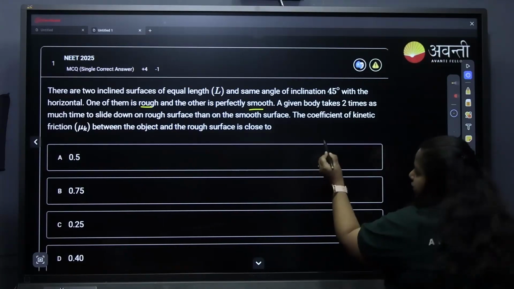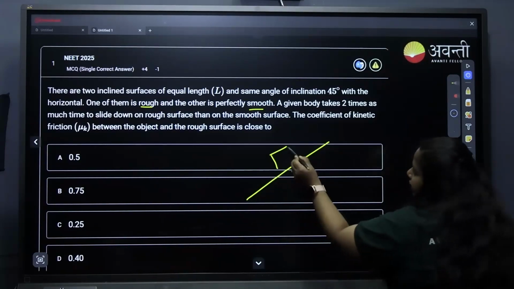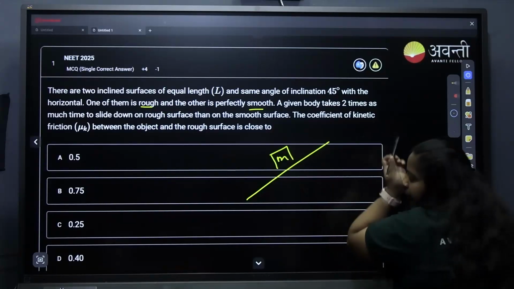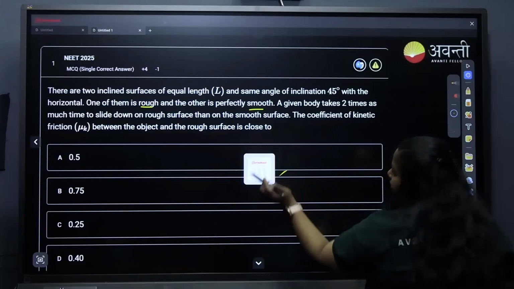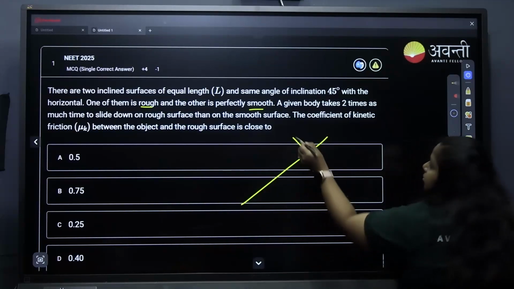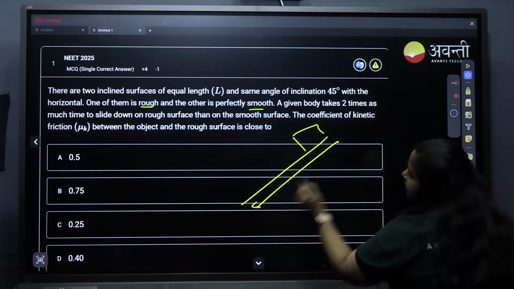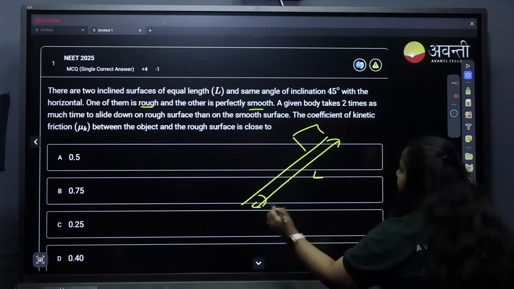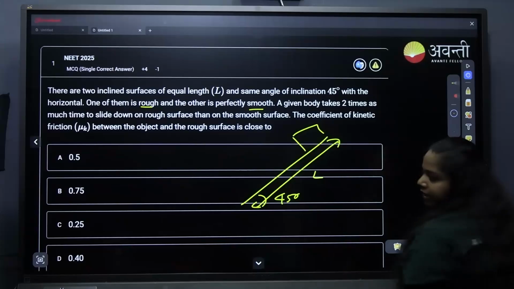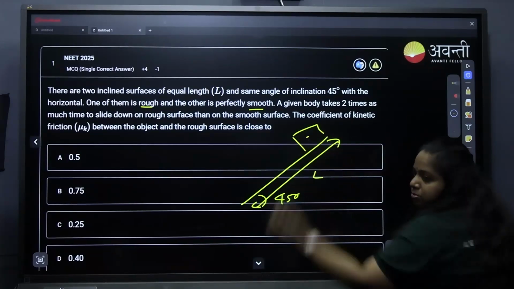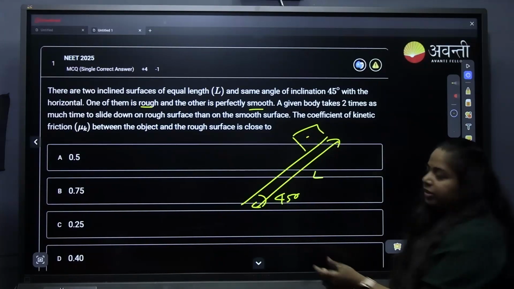Okay, so this will be our diagram. There is a mass at top. This length is equal to L and this angle is equal to 45 degrees. So this is the smooth surface, which means it doesn't have friction.